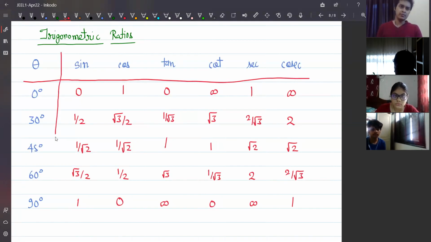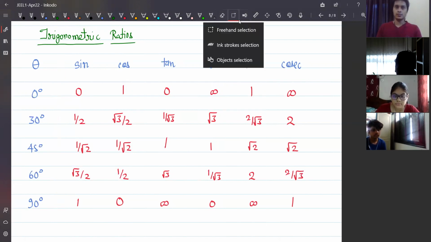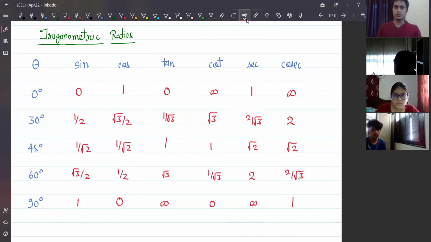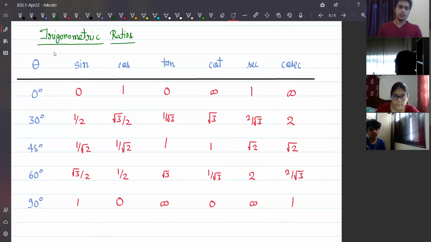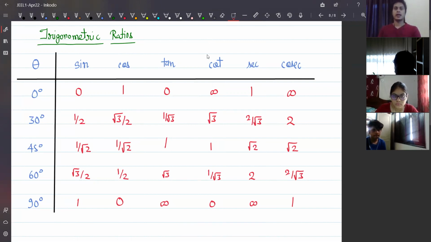Where do these values come from? We do actual measurement and we see that these values are like that. Or using the Pythagoras theorem also we can derive these values. After this, we are going to see values for angles greater than 90 degrees and other ratios.